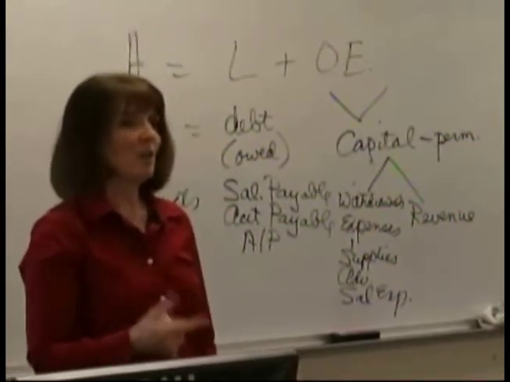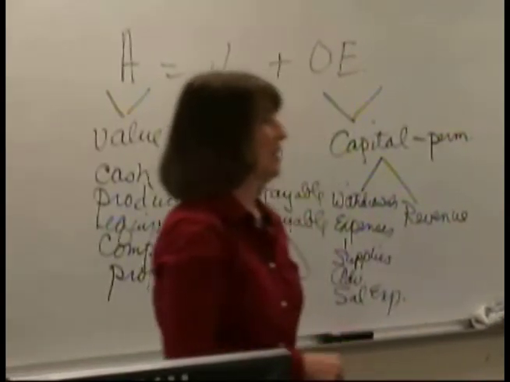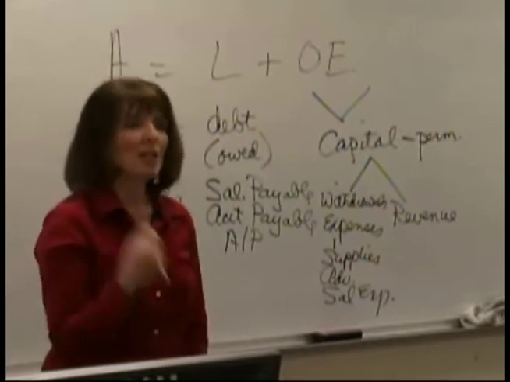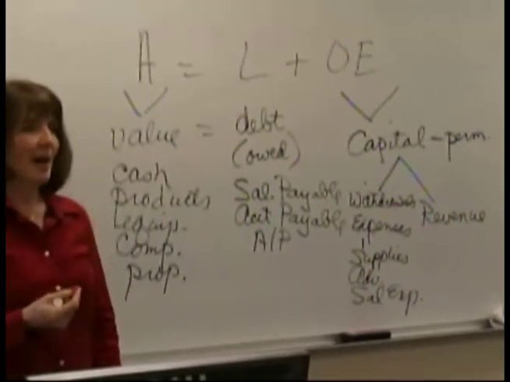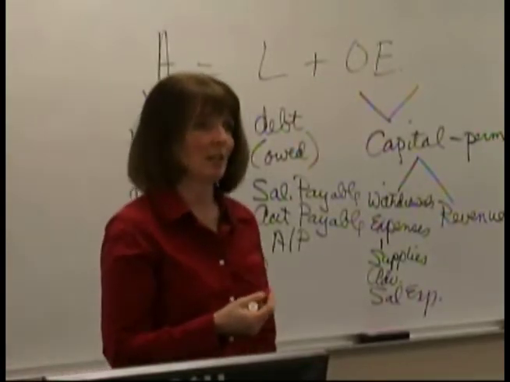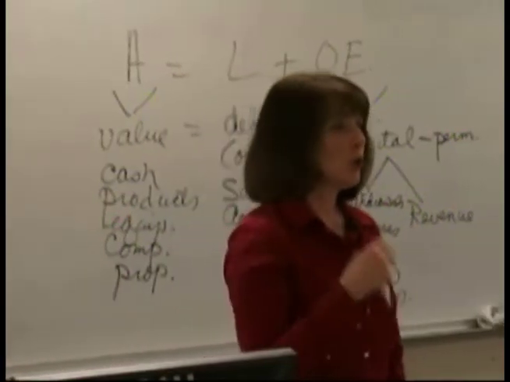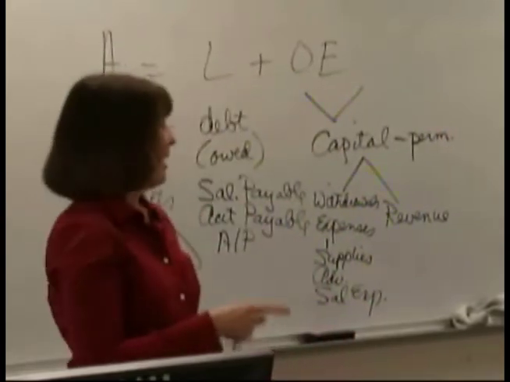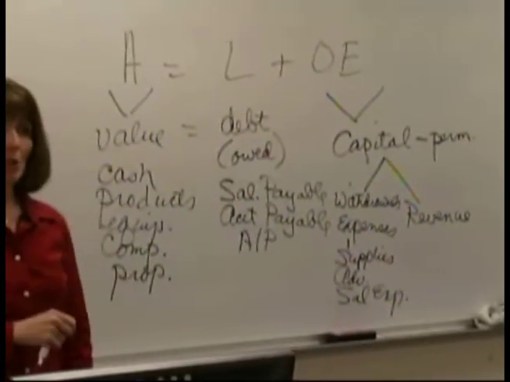We can list a lot of other ones. Rent expense, maybe utilities expense, depreciation expense, something we're going to find out later. That's an expense of the business. Those are all expenses that are required for the operation of this business.